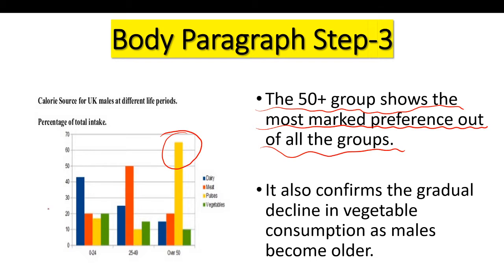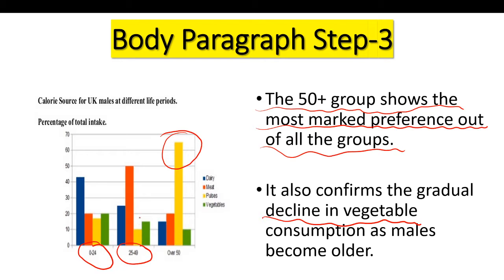See guys, why have we written here, it also confirms the gradual decline in vegetable? In 0 to 24, in the first age group, vegetables were 20%, and in the next age group 25 to 49 it declined.